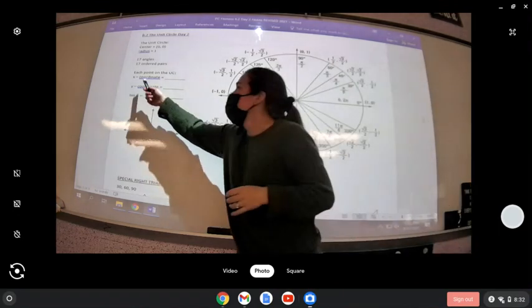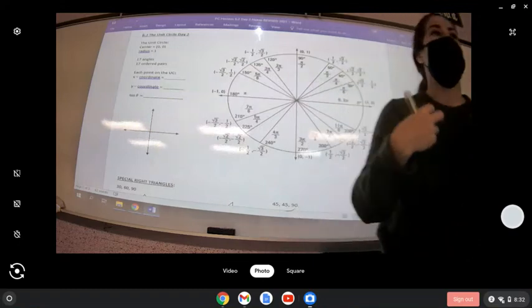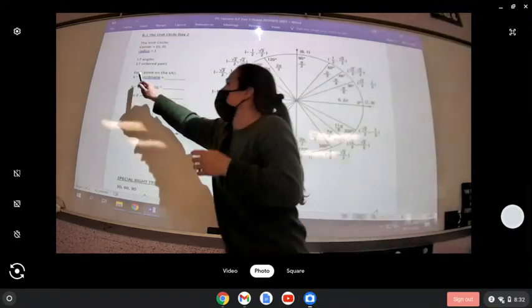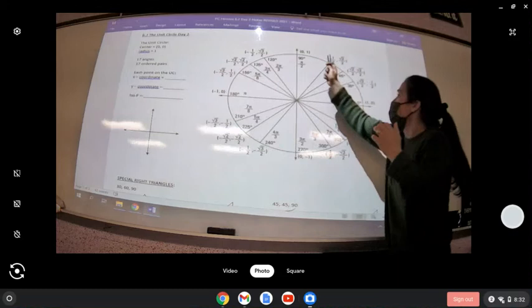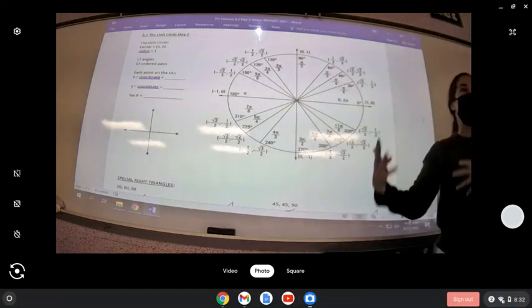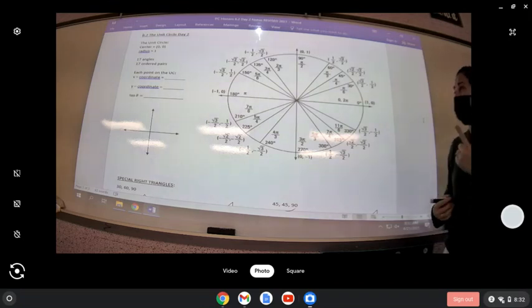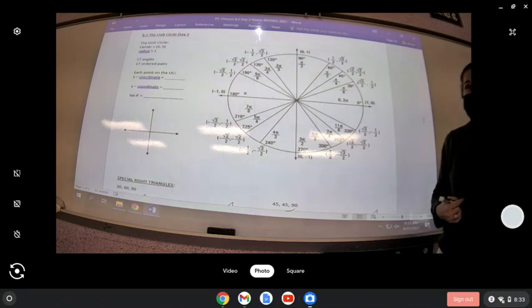We learned yesterday that each point on the unit circle has an extremely important meaning. We learned that the x-coordinate of every single ordered pair on this unit circle represents the what of that angle? Anybody remember? Starts with a C, the cosine.